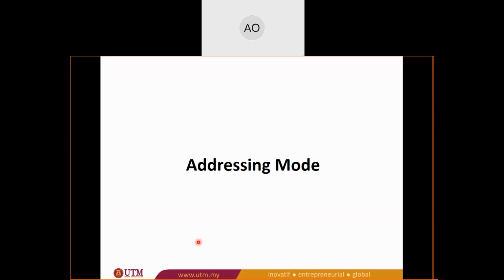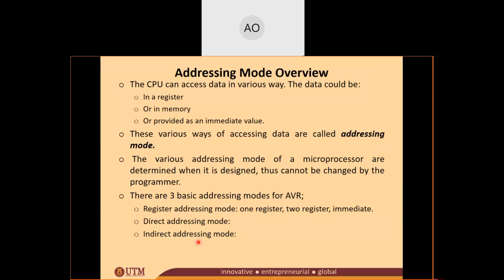Now we go to the addressing modes. The CPU can access data in various ways. The data might be in your GPR, or inside your memory, your RAM, or provided as an immediate value.